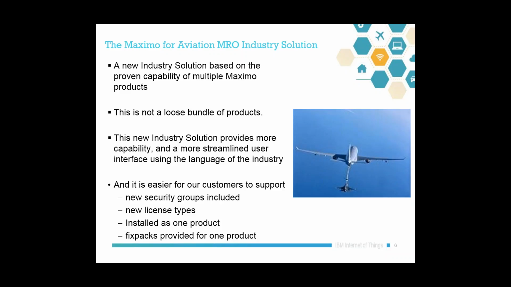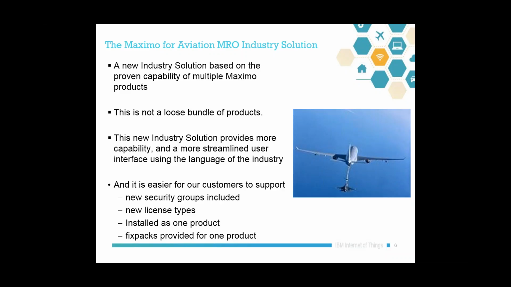And by making it a unified solution, we've been able to provide a user interface in the language and terminology of the aviation industry. Let me talk a little bit more about some of the things we've done to make this easier. One of them we'll talk about later is new security groups with associated start menus or individual user menus for the different functional organizations.